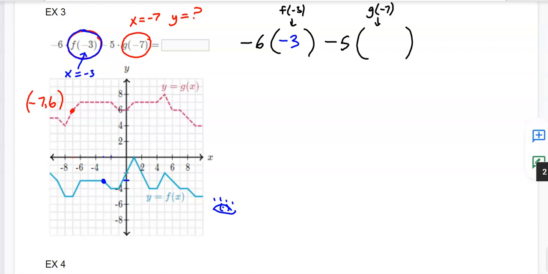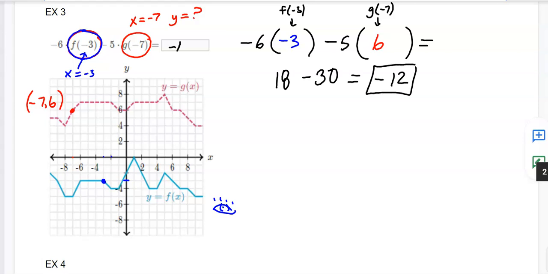So this value right here ends up being 6. And now we just got to make sure we don't screw up our math. There's nothing more frustrating than going through all that and screwing up our math. -6 times -3 is 18. Take away 30, which would be -12. And you pop that in there and it'll give you your little congratulations, good job.